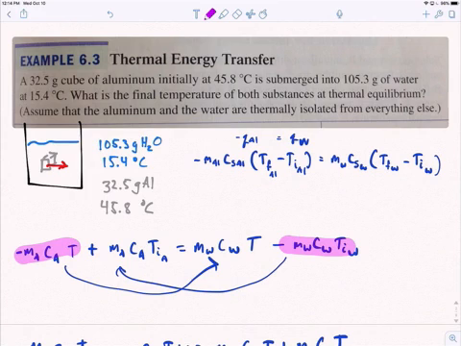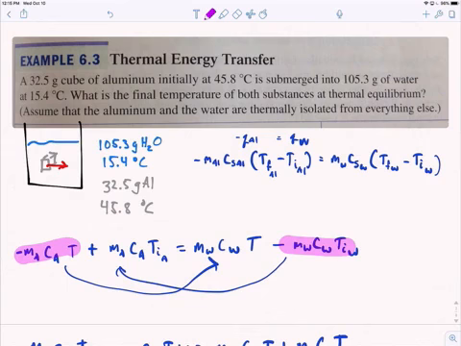It's like throwing it into your cooler. Hopefully your cooler does not have any heat leaking out of it. So the heat transfer from the aluminum equals the heat absorbed by the water. And the heat transfer for both is mass times specific heat capacity times change in temperature.